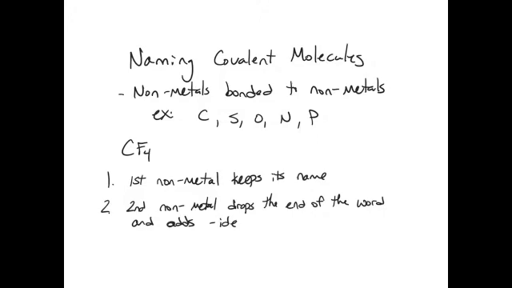They are mono is 1, di for 2, tri for 3, tetra for 4, penta for 5, hexa for 6, and so on. You can look at them, 1 through 10, if you would like. But the first and second nonmetals get prefixes.